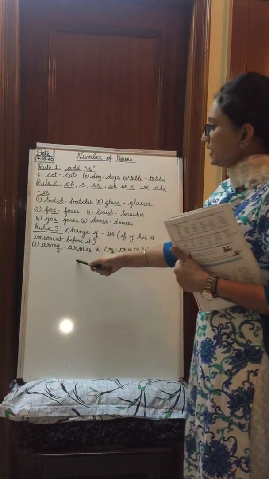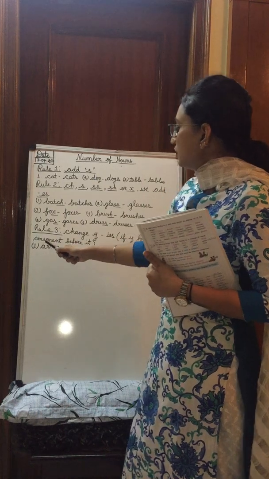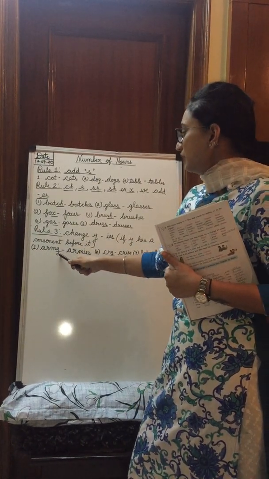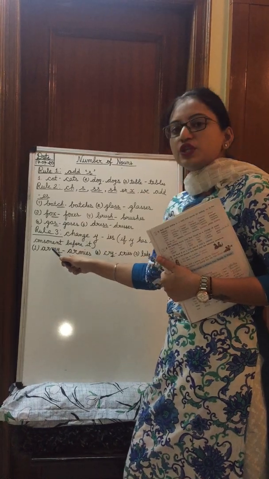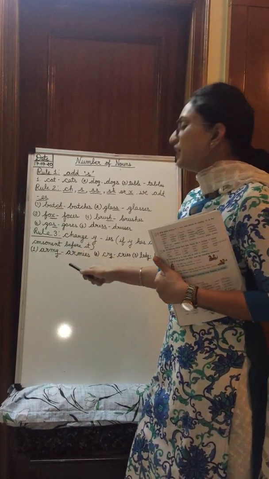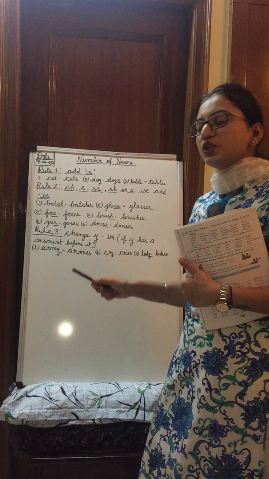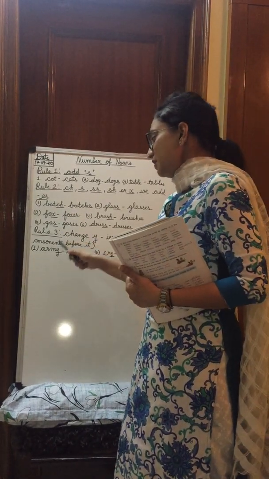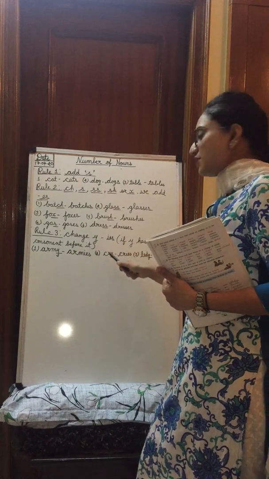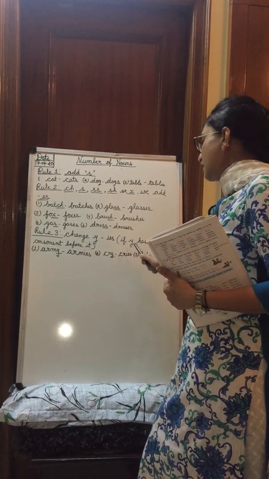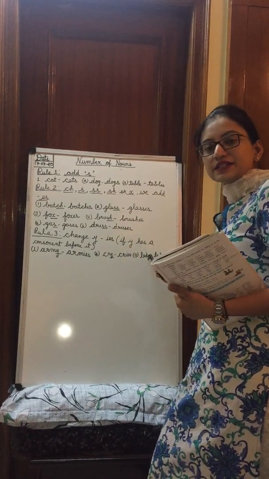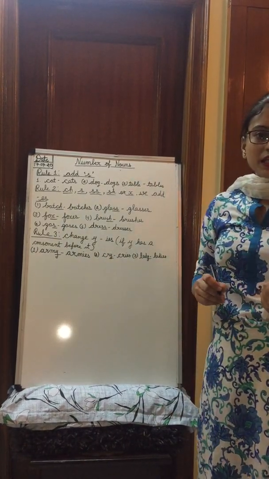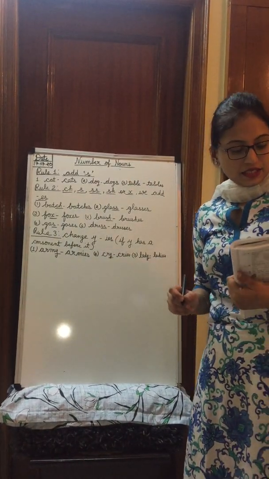So we will see that if a noun ends with Y and Y has a consonant before it, we will change Y into IES. Like army, armies. Cry, cries. Lady, ladies. We will see some more examples. Baby, babies.